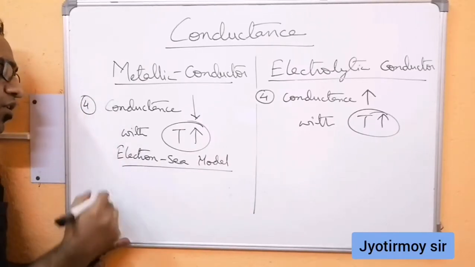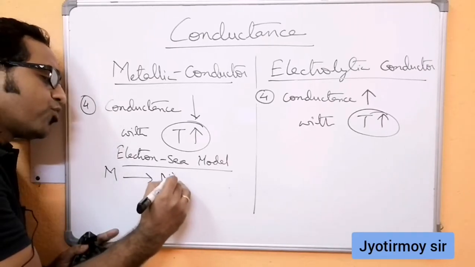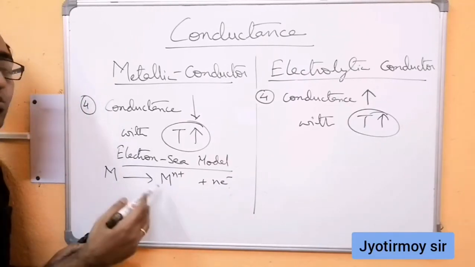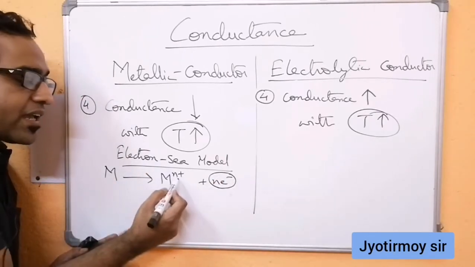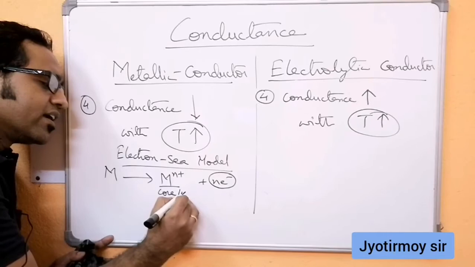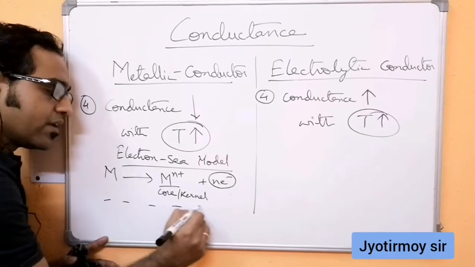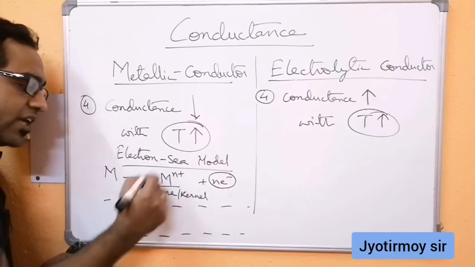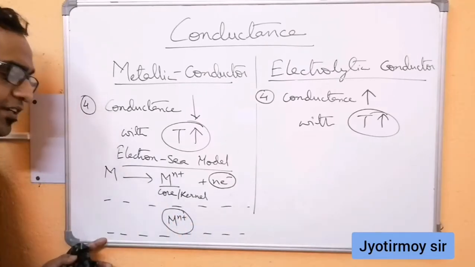According to this electron sea model, the metal loses its valence electrons to form M n plus and n electrons. This M n plus is called the core or kernel. These electrons form an electron sea, and the metal ion M n plus gets immersed in the electron sea.